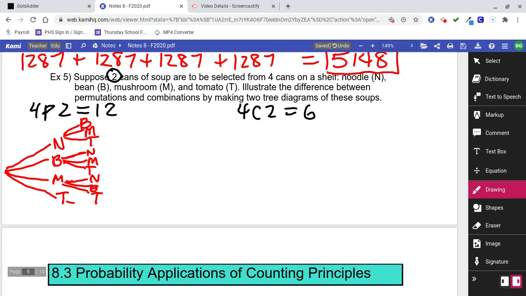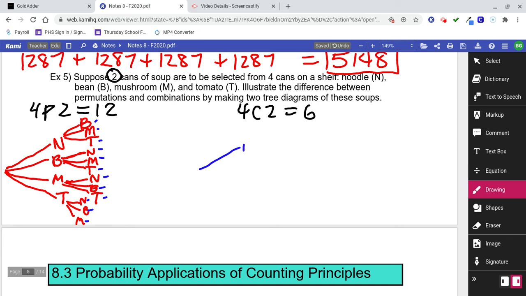And if you chose tomato first, you could choose noodle, bean, or mushroom. So if you notice, 1, 2, 3, 4, 5, 6, 7, 8, 9, 10, 11, 12 leaves show the 12 different possibilities for that permutation, if order matters.